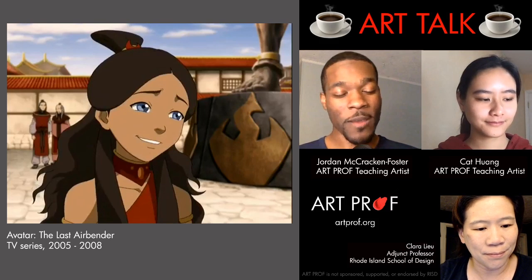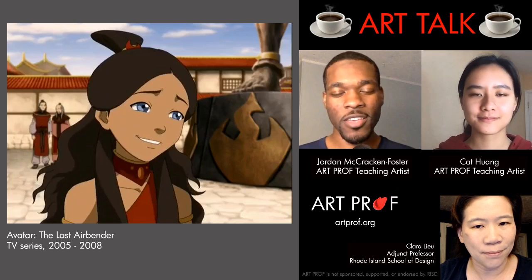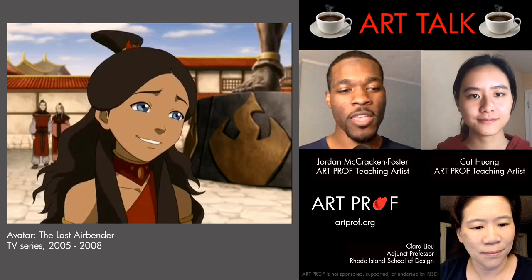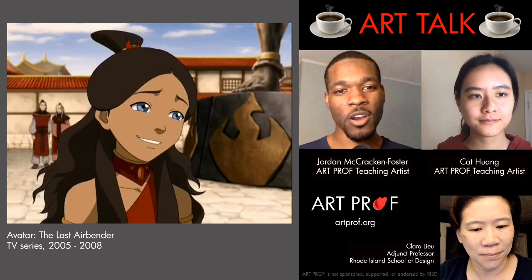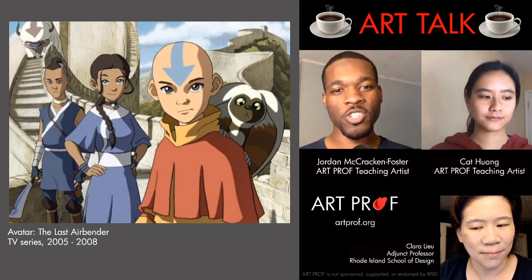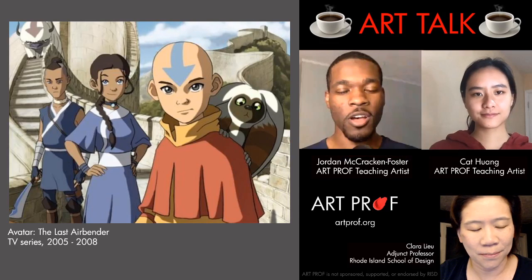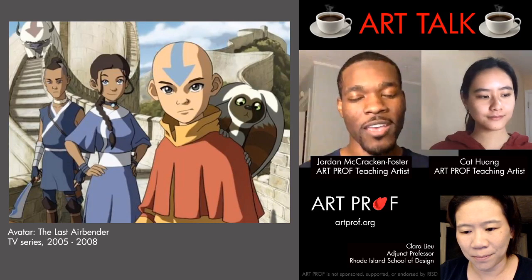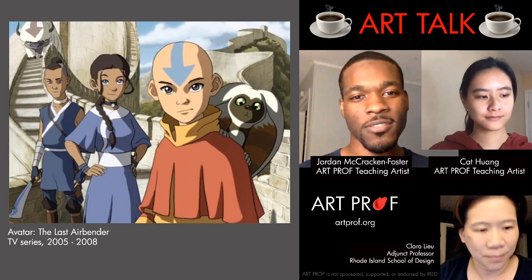Okay, so the primary character we're going to be talking about is Katara. In this world of Avatar, for those who don't know, it's a world where people can manipulate the four elements: water, air, earth, and fire. Katara comes from the Southern Water Tribe, and she helps the protagonist Aang to basically save the world. So she acts as the support factor and a guide and a teacher for Aang throughout the entire series.